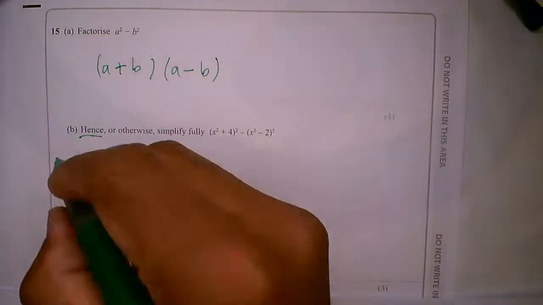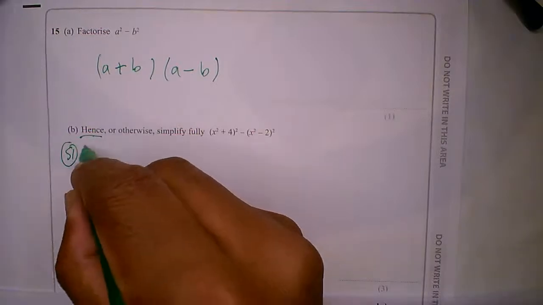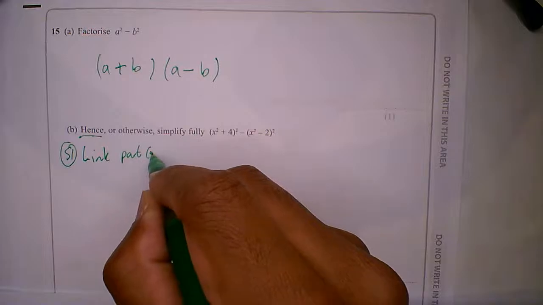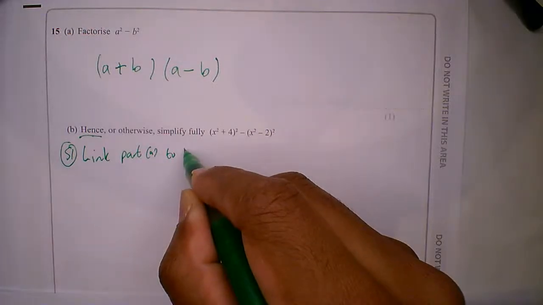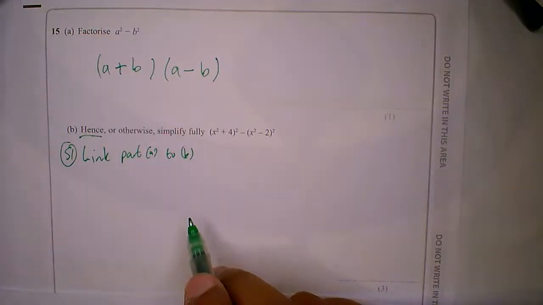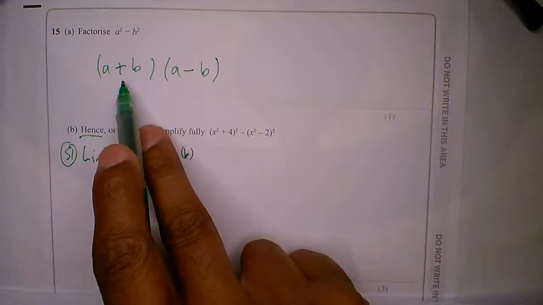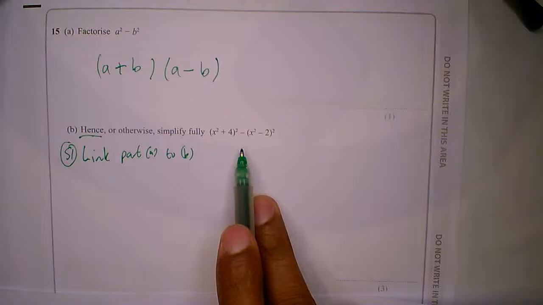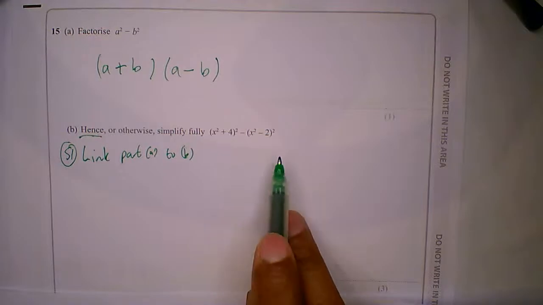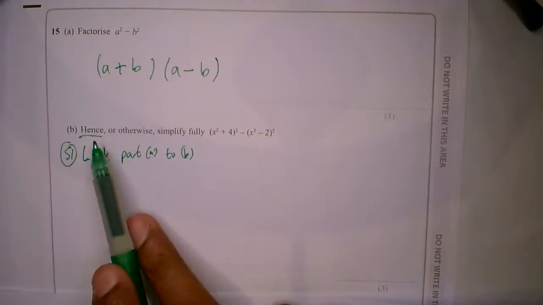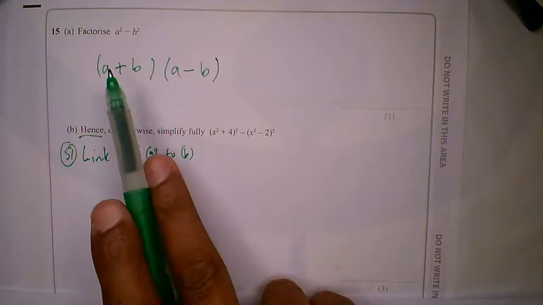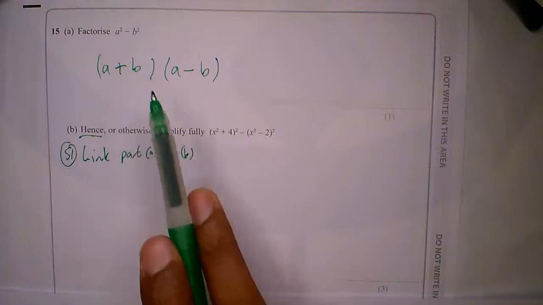So step 1, I have to link part A to B. That is the key. Can I see a connection between this and this? If I can see that connection, then I can follow on from there. Because it's saying hence, it's kind of inviting you. There's an invitation here. Look at A, use this invitation for B.